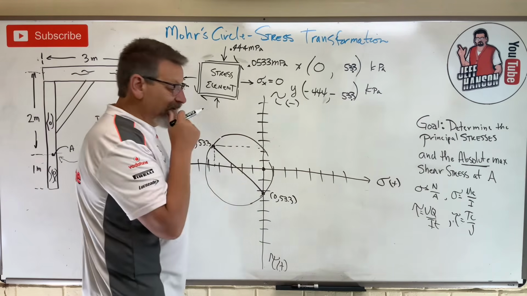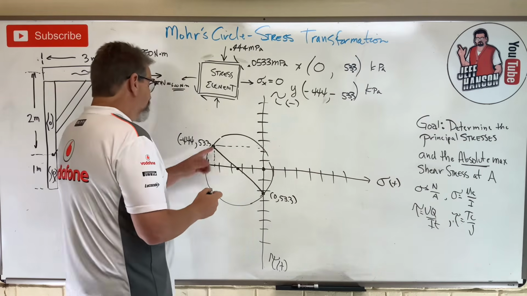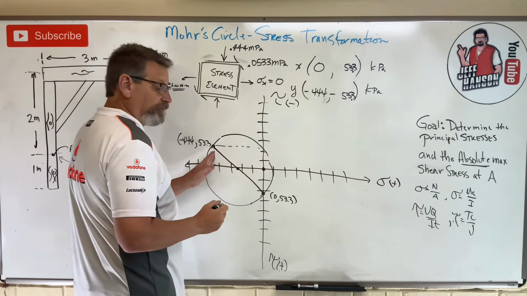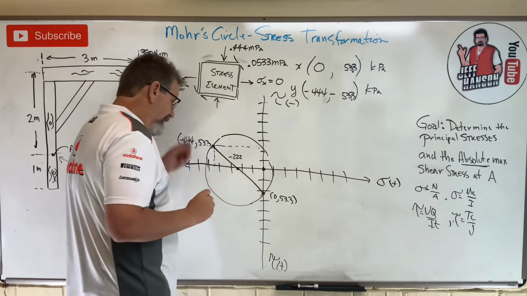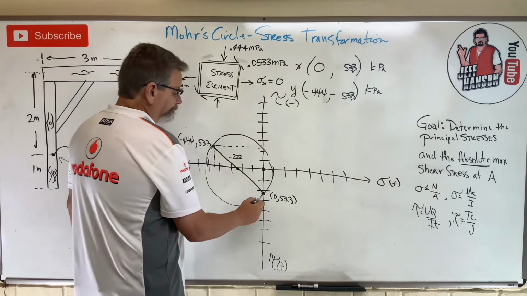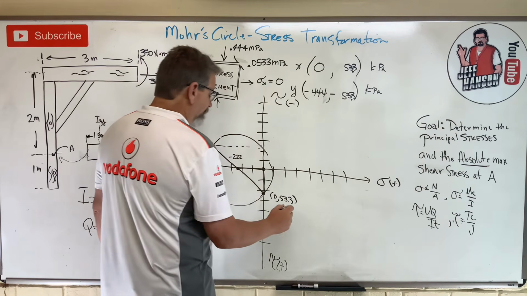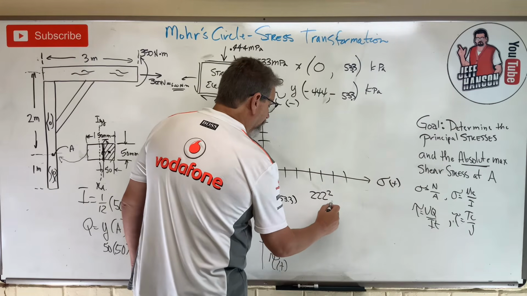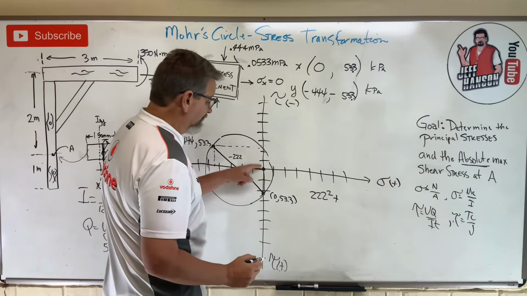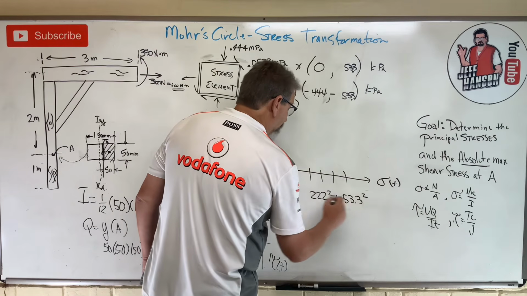Okay. Here we go. What do we do first? Find the center point of the circle. Well, if this is 0 and that's negative 444, the center is at negative 222. Then make myself a little triangle here. Calculate the radius. The radius is going to be the square root of 222 squared plus this height here, 53.3 squared.